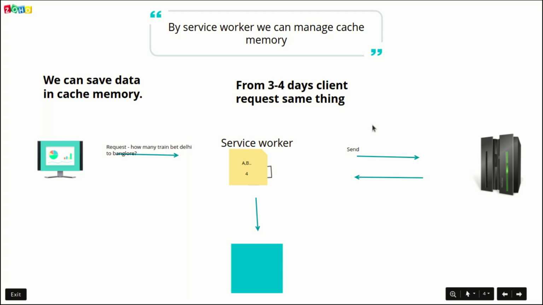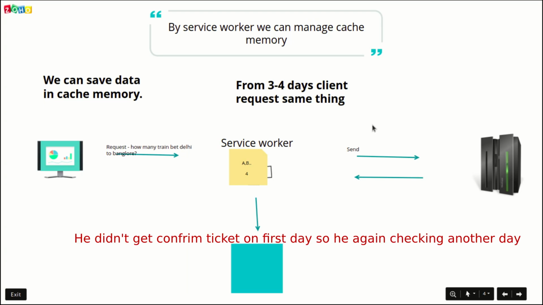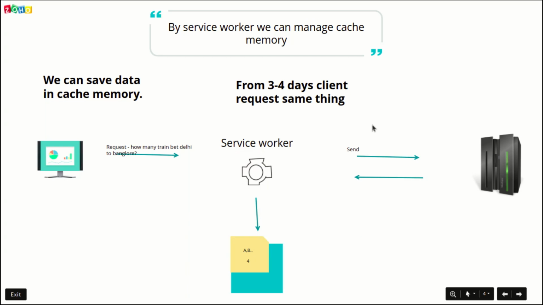But by the use of a service worker, you can save this file in the cache memory, and whenever a client requests the same thing, suppose how many trains run between Delhi and Bangalore, the service worker fetches the data not from the server but from the cache memory it saved, and responds to the user. This type of response is very fast, faster than the server response.